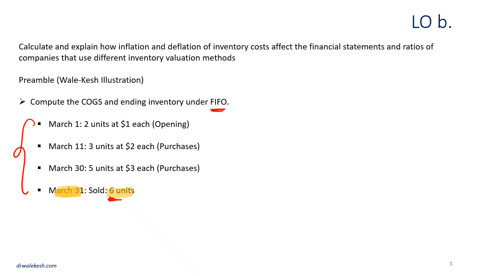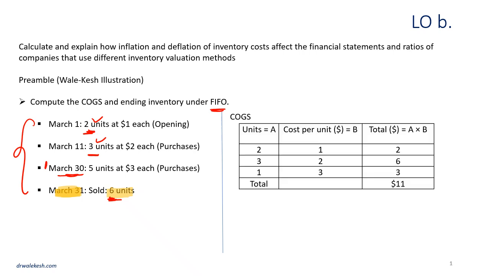inventory here would be 2 units here, 3 units here, and just 1 unit on the 30th of March. So that would be 2 units at $1, 3 units at $2, then just 1 unit here, which will be at $3.